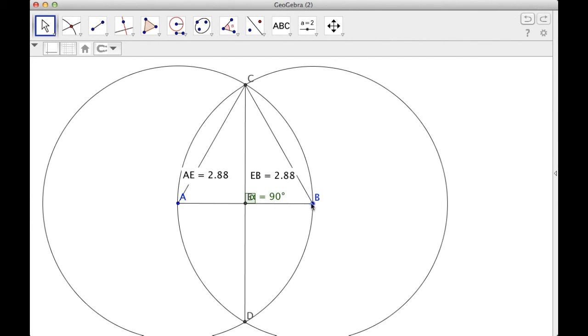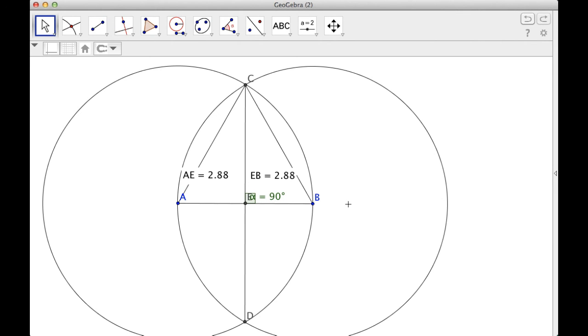And since this circle and this circle are congruent, BA is the radius of this circle, and BC is also the radius of this circle. So no matter how you look at it, AB, BC, and AC are all congruent. So we've actually created an equilateral triangle too.